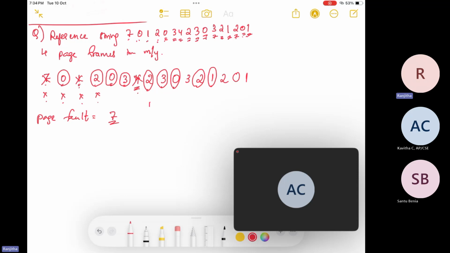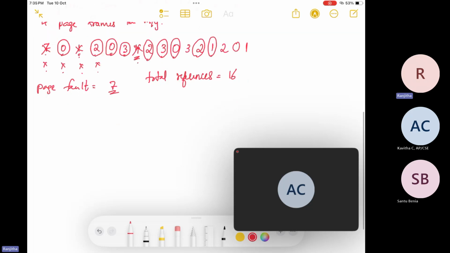So the total references are 16, of which 7 are misses. So the miss ratio is 7 by 16, which is 0.4375. The hit ratio is 9 by 16, which is 0.5625.